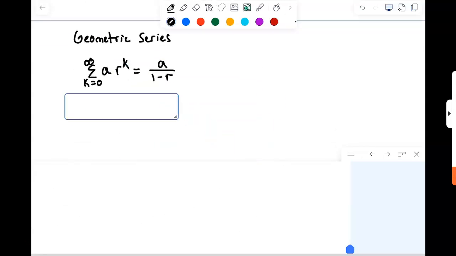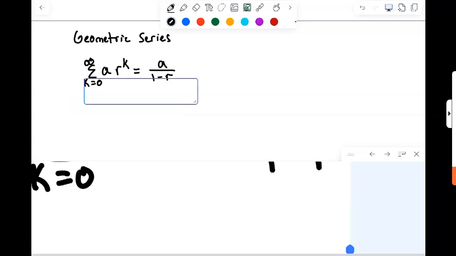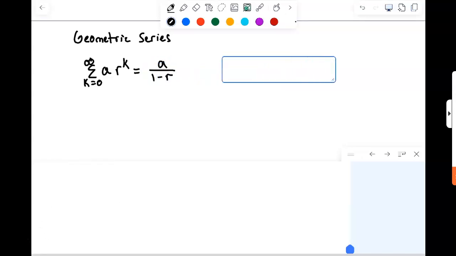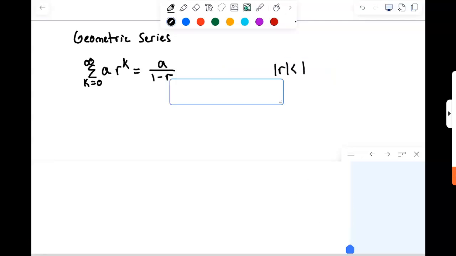So definitely expect some problems where you're going to be given some geometric series. Remember, geometric series will converge to this if the absolute value of r is less than 1.